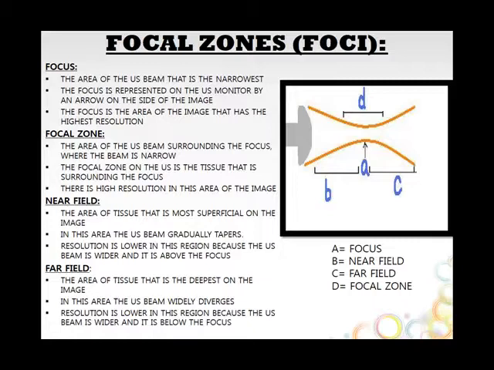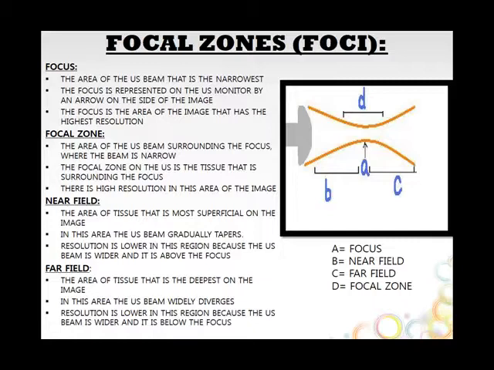All right, so we're going to get into the anatomy of a sound beam now. Okay, so a sound beam as we're going out always starts as the same width of the transducer, and then it comes inward until it gets to our narrowest point, and then it widely diverges.